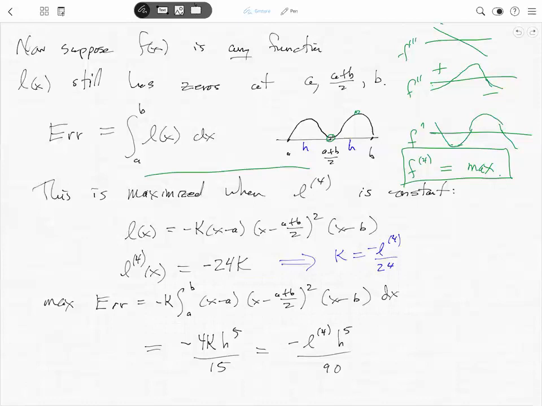Okay, so we get this formula for the error. This is the maximum error that's possible. And then replacing the formula for k in terms of the fourth derivative L, we get this. So this is our formula for the maximum error in using Simpson's method, for a single unit of applying Simpson's method, where we apply it to only two successive intervals.